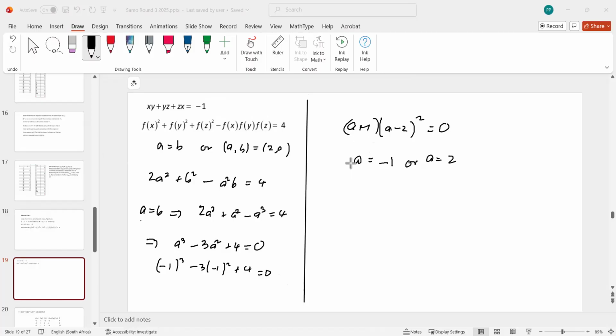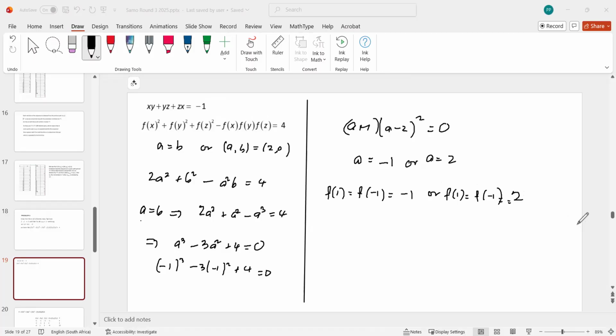So we have that A is equal to B, so you have that f of 1 equals f of -1, A equals B, or f of 1 equals f of -1 equals 2.